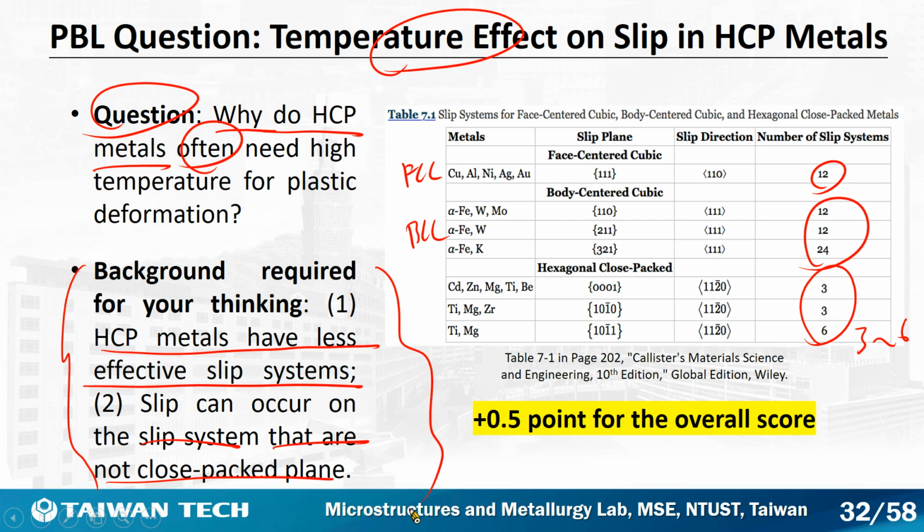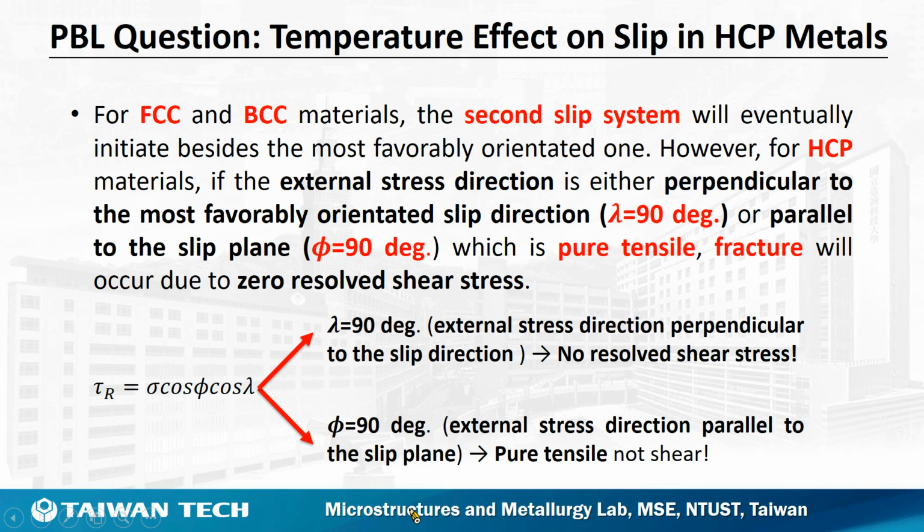Okay, it's about time. Let's talk about the answer to this question. So, as we said, for FCC and BCC metals, because they have a lot of slip systems, although BCC metals are not that effective, the second slip system will eventually initiate, besides the most favorable one.